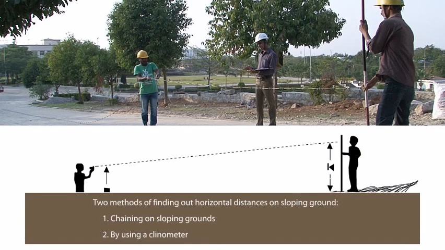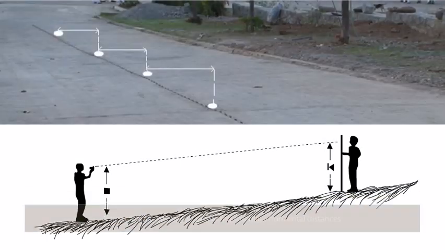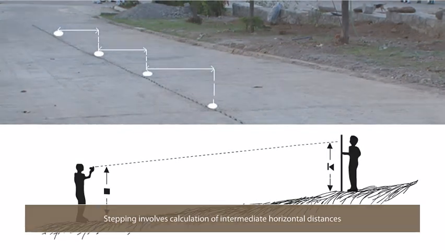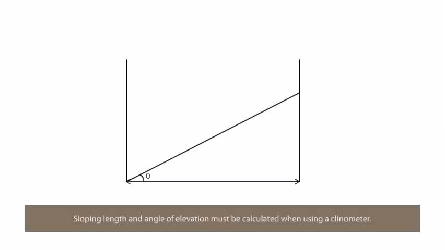The two methods of finding out the horizontal distances on sloping ground are by chaining and by using a clinometer. Stepping involves calculation of intermediate horizontal distances and adding them up. With a clinometer, the horizontal distance is calculated by measuring the sloping length and the angle of elevation.